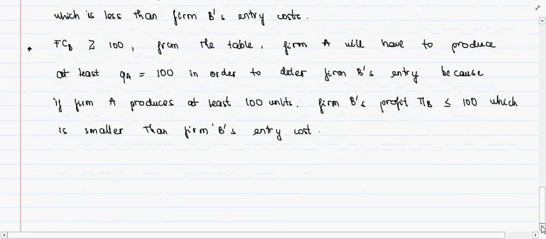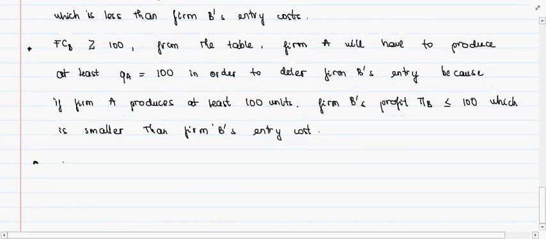So I'll say now, if the fixed cost for firm B is just a little bit over 400, firm A, by producing 80 units of output, will be able to deter firm B's entry.